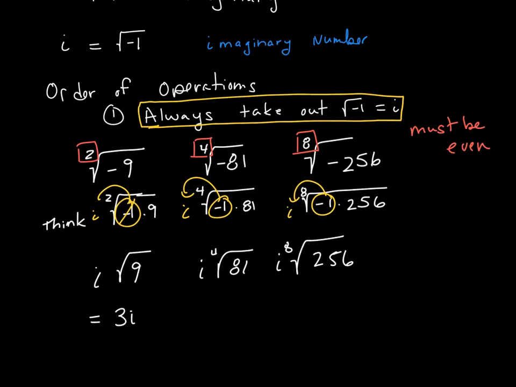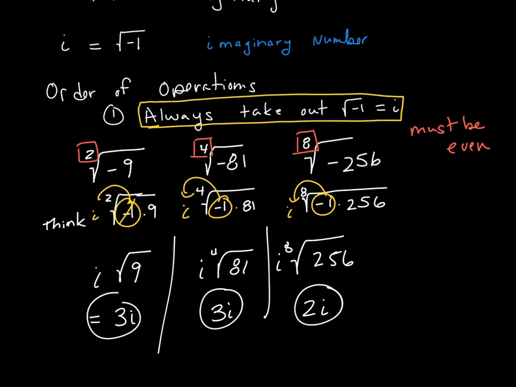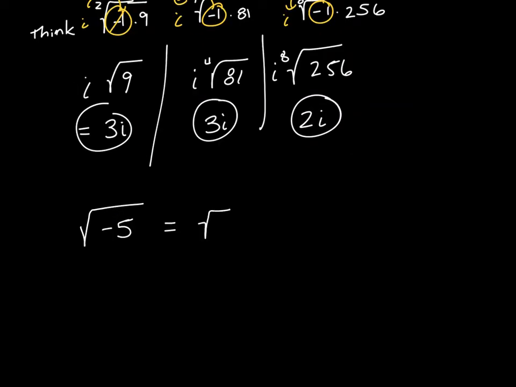The fourth root of 81 is 3. So that also just becomes 3i. And the 8th root of 256 is 2, so that's 2i. So those would be your 3 answers for those questions. As that's the same thing as taking -1 times the square root of 5, so that's just i times the square root of 5.